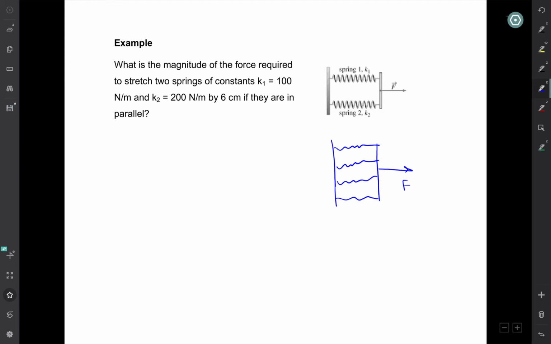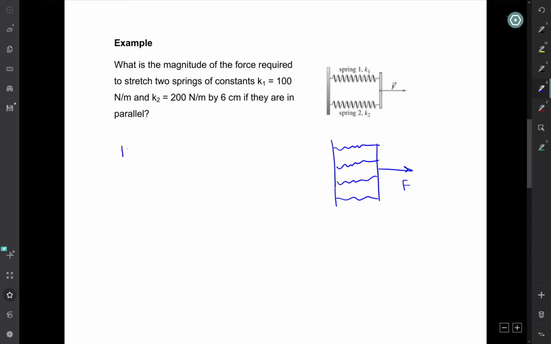So the way to deal with parallel springs is to find a total spring constant. You're provided with a spring constant 1 and 2. So to find a total spring constant, when you're in parallel like this, you're going to add the spring constants.